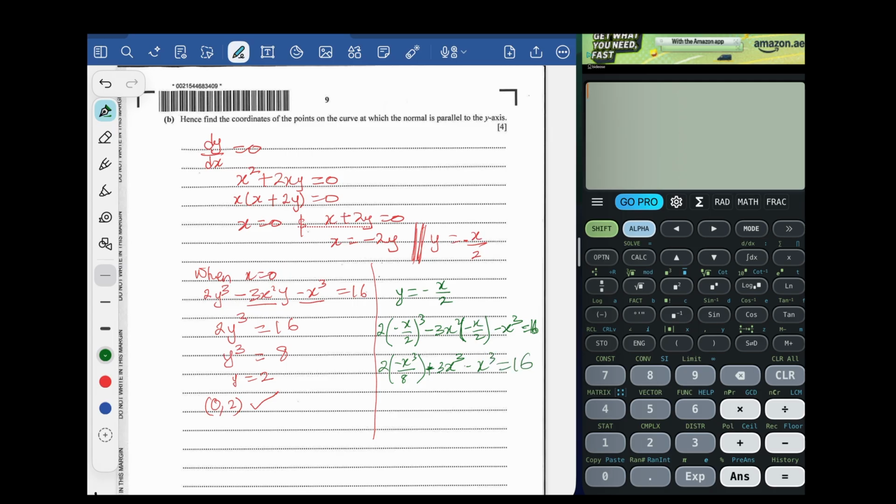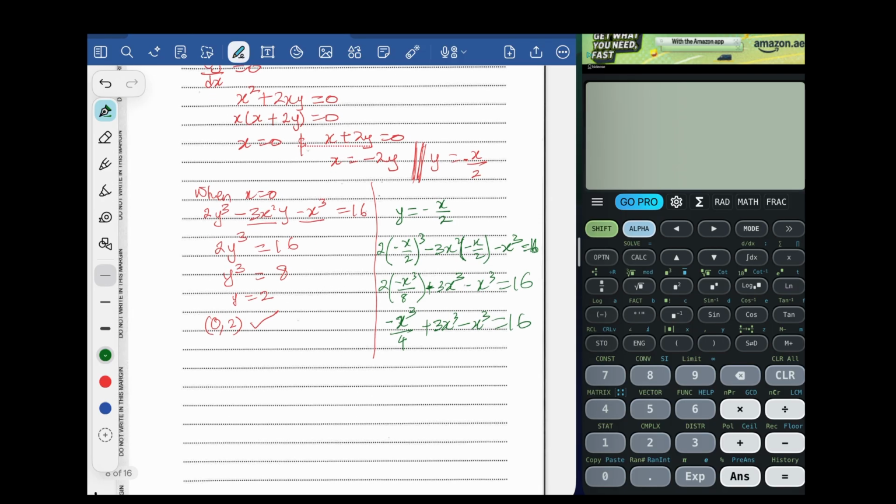All right, from here just collect like terms, so you can just press your calculator. So minus x cubed over 4 plus 3x cubed minus x cubed is equal to 16.